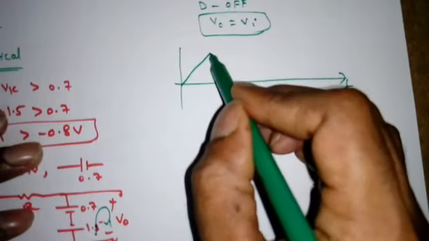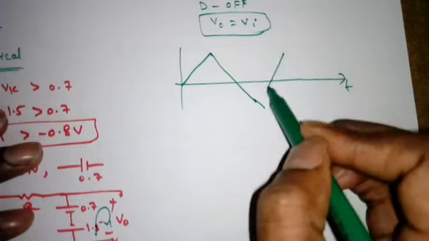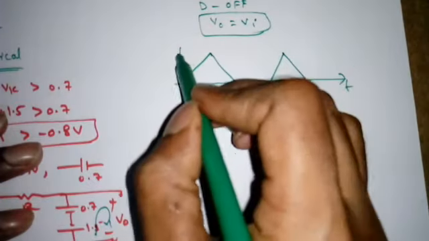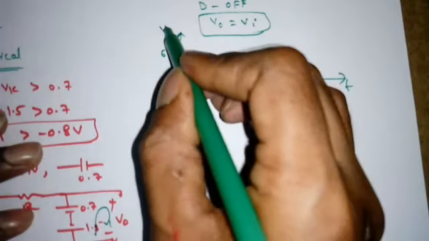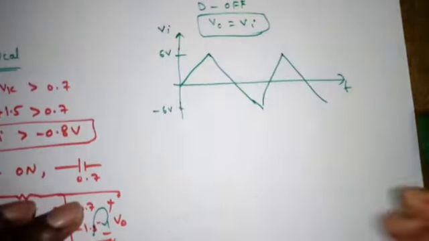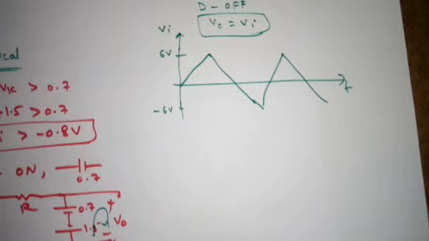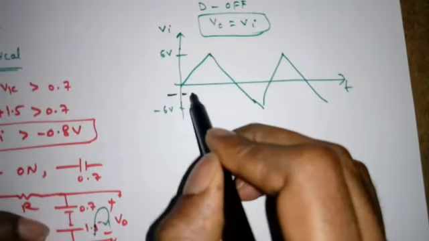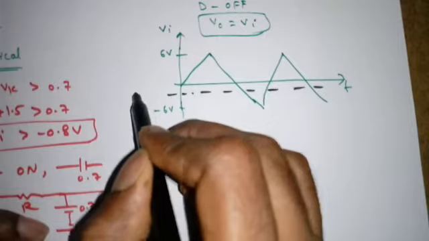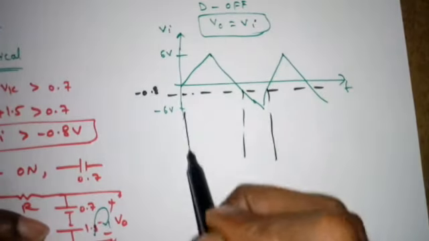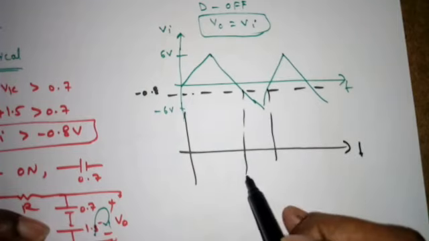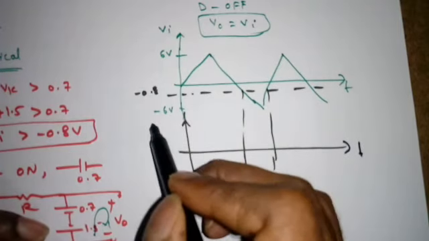This is T. Six volts, minus 6 volts. This is the Vi. Now what is the reference value now? Minus 0.8 volt. So somewhere here, minus 0.8. Right? This is T. This is V naught.